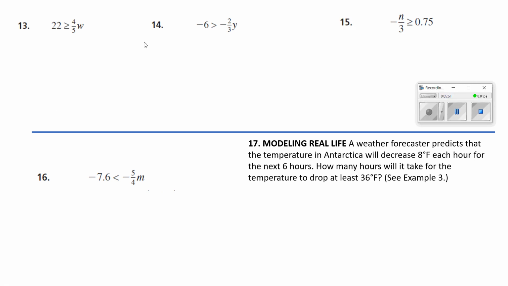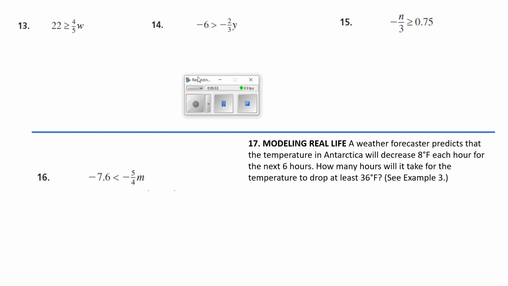On number 13, I see that I have 22 is greater than or equal to 4 over 5. To separate 4 over 5 from w, I'm going to multiply to the inverse, which is 5 over 4. Whatever I multiply to one side, I have to do the other side.